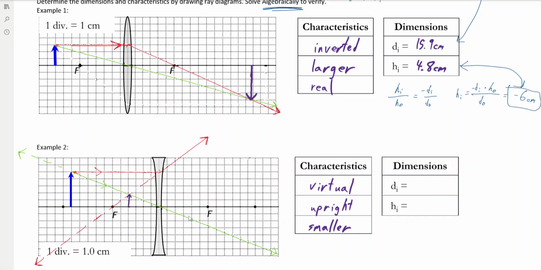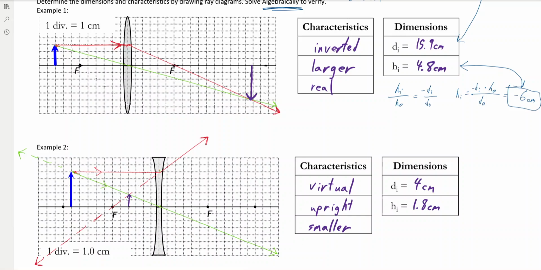So with all that said, we're getting a result of, it's not perfect, but it's somewhere around 1.8 centimeters tall, and DI being 4 centimeters, almost exactly.